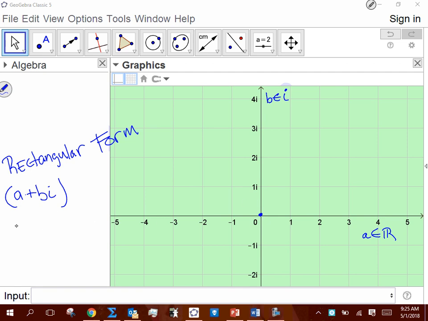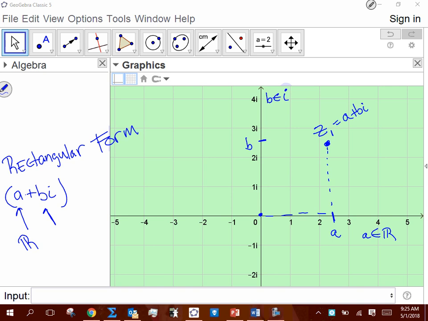The a tells you how much to move on your real axis, so I'm going to move over a units. Maybe a is right there. And then the b tells me how much to move in my imaginary axis, so I would move up b units, and I put a point right there. That point we're going to call z with a subscript of 1, and that is the point a plus bi.